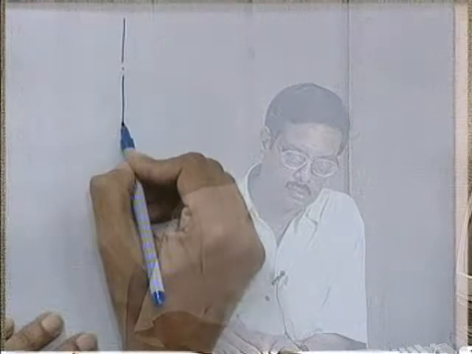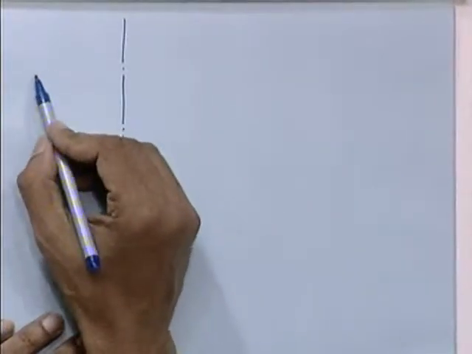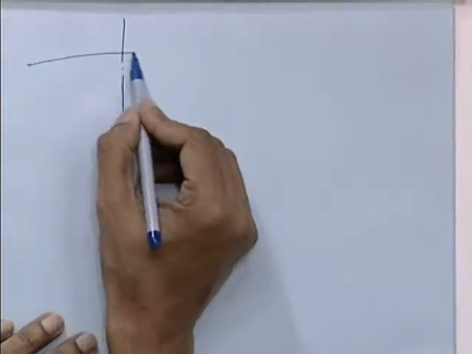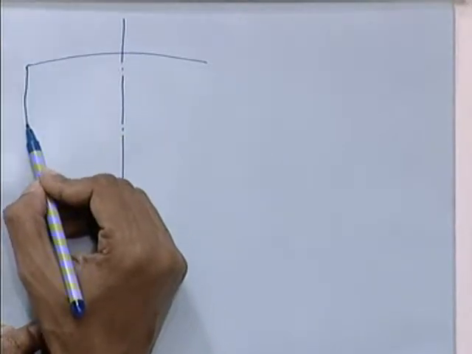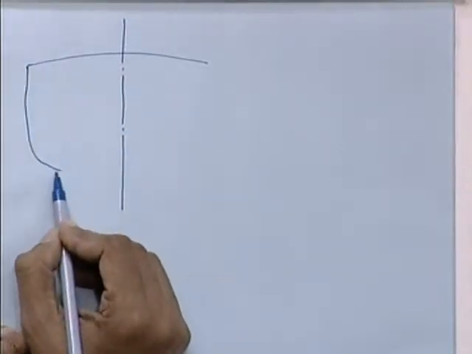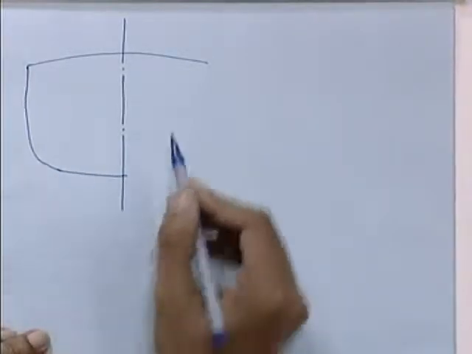Now, another point on the body plan that you should remember is that normally you will find there is a rise of floor. Of course, this is somewhat enlarged.